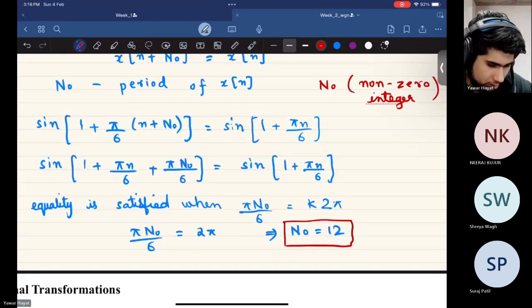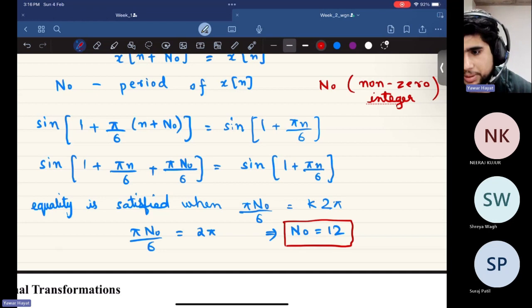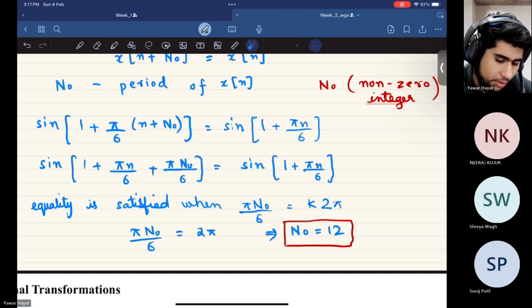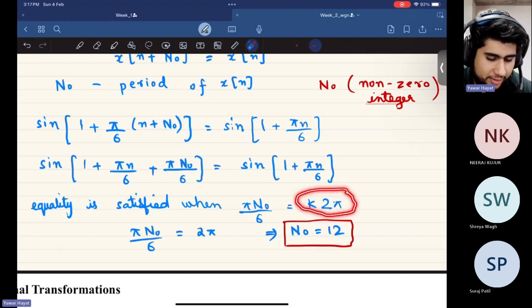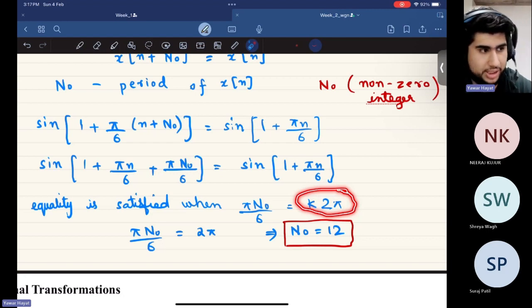If it's not mentioned in the question, usually by period we mean the fundamental period, right? For example, we could also have taken k equal to 2, and 4 pi would also have been the period, and corresponding to 4 pi, the answer that we would have got is 24 seconds.